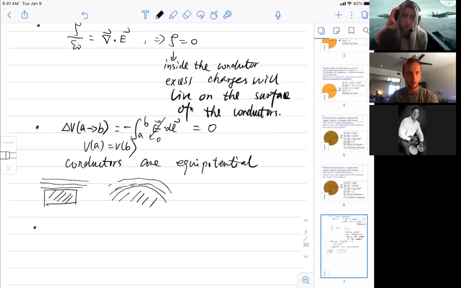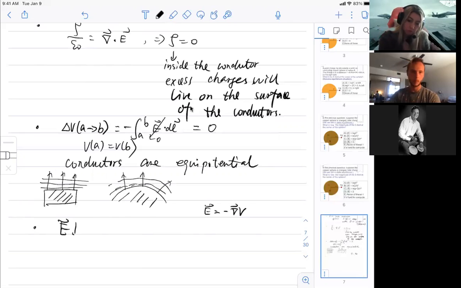There's something else we can do. If the conducting surface is equipotential and we know the E field is perpendicular to the equipotential lines, right? E is the gradient of V. So E points in the direction where V has the biggest change or fastest drop, so E will be perpendicular to the surface, because equipotential lines are the same shape as your surface, and E is perpendicular to your potential line.